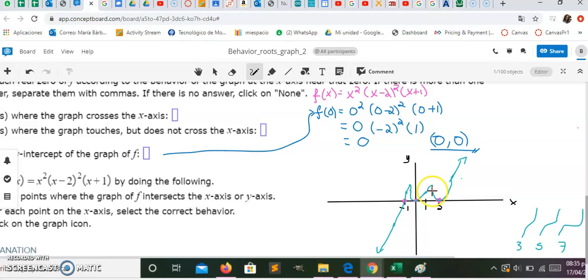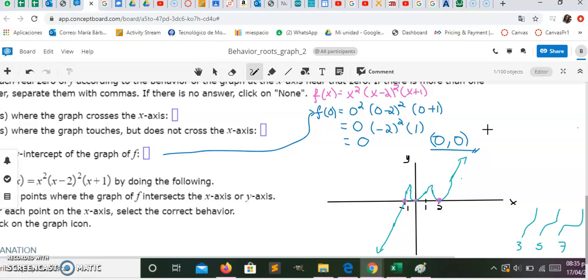And then it goes back to the x-axis, and then as the multiplicity when x equals 2 is 2, it again is going to bounce or touch the x-axis like this, and then it connects with the end behavior to the right, which is rising, and it continues going to infinity.